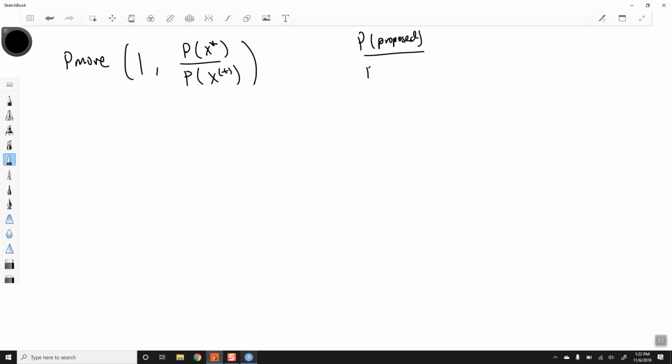Right now P move is the min of 1 and the probability of the proposed value x star divided by the probability of the current value. Here p of x is the PDF, meaning the integral of p of x over all x equals 1.